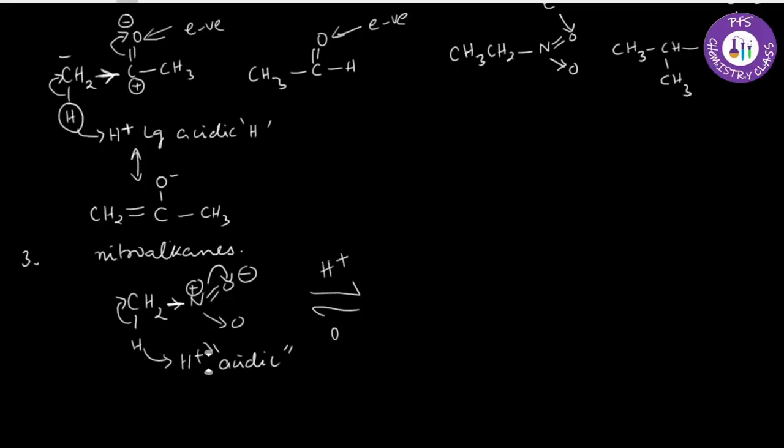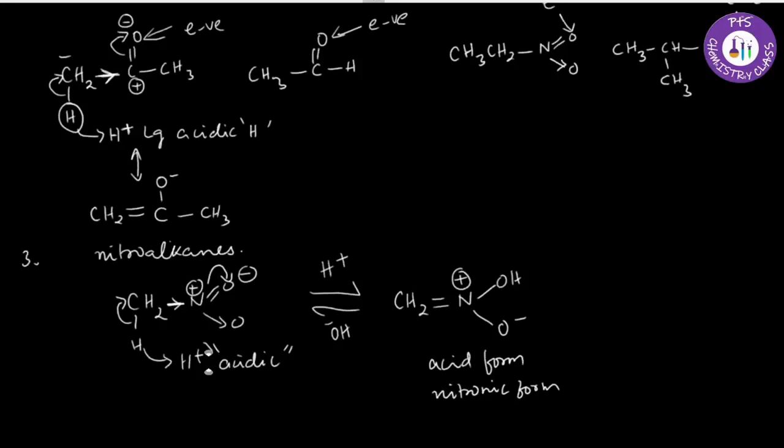You add an acid or a base. Keto-enol tautomerism can be catalyzed by an acid or a base, and then you will have it like this: CH2 double bond N, OH and minus. When N has four bonds, it gets a plus charge. We call this the aci form, or isonitro form, or nitronic form; there are many such names.